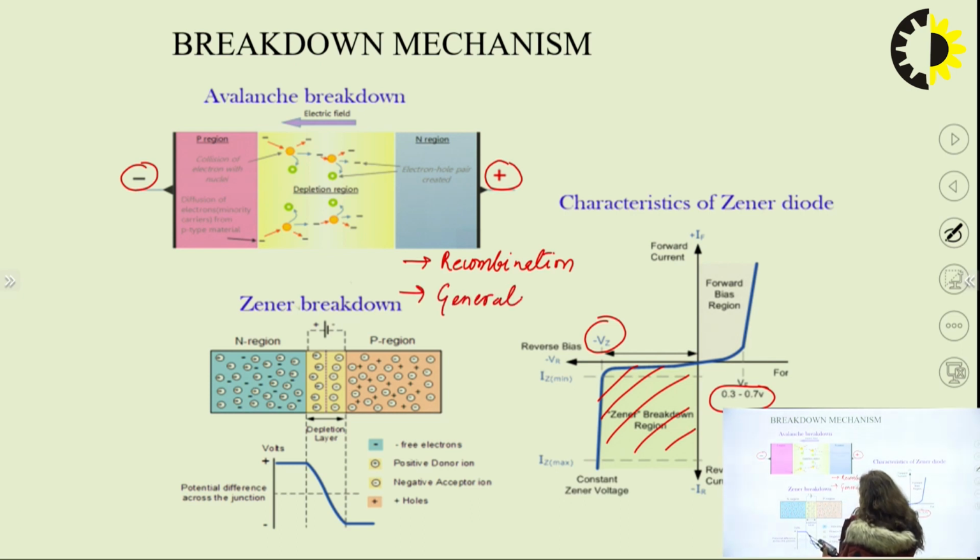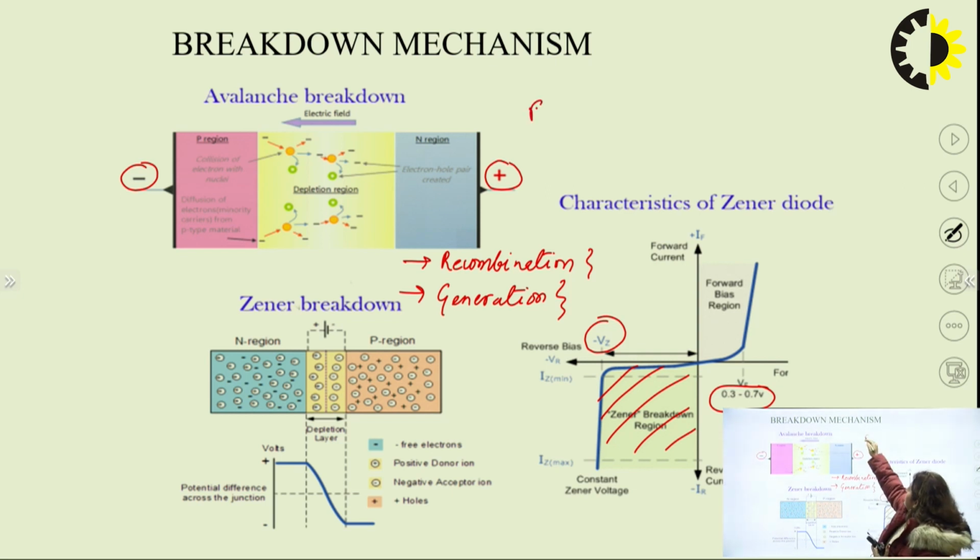There are two phenomena on which all the semiconductor devices work: the recombination phenomenon and the generation phenomenon. In the recombination phenomenon, there will be forward biasing and a recombination of electron and hole pairs in the depletion region, and that's why the depletion region is much narrower compared to the case of reverse biasing.